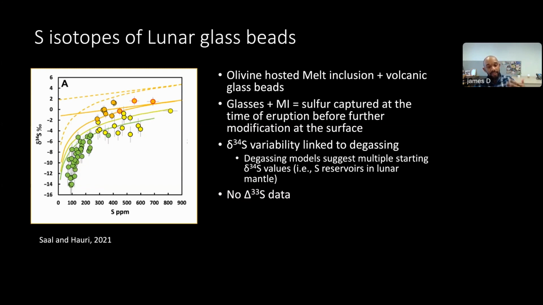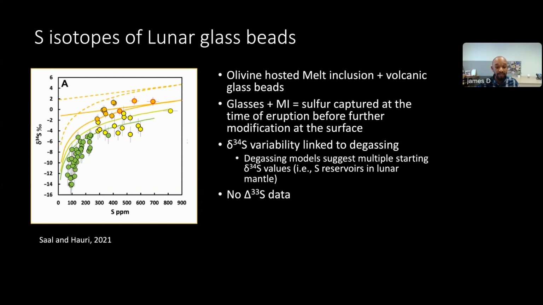The reason for analyzing the glasses and melt inclusions was to place constraints by using a sample type that captures sulfur at the time of eruption, before any further modification of that glass or melt inclusion occurs at the surface.